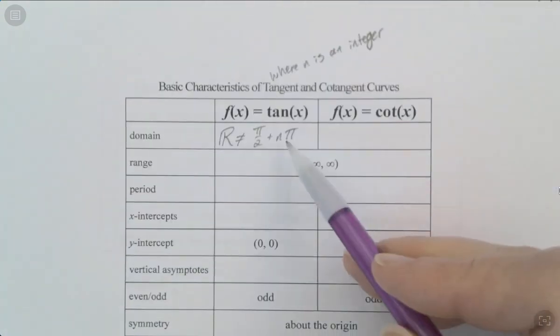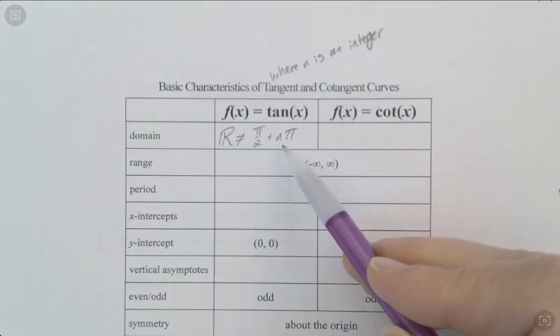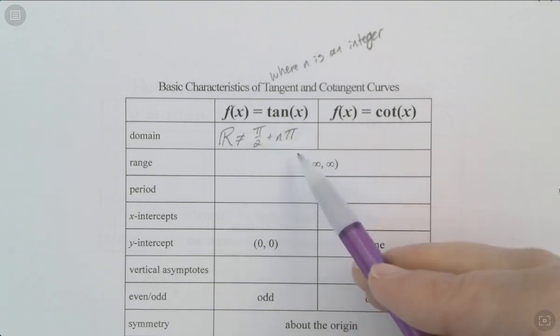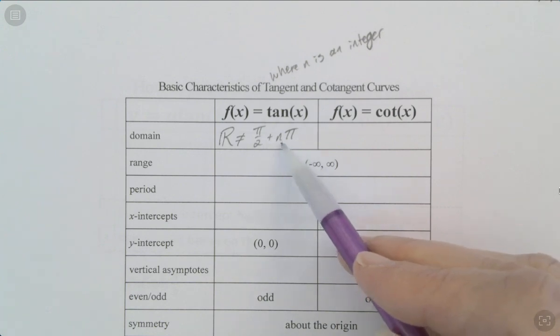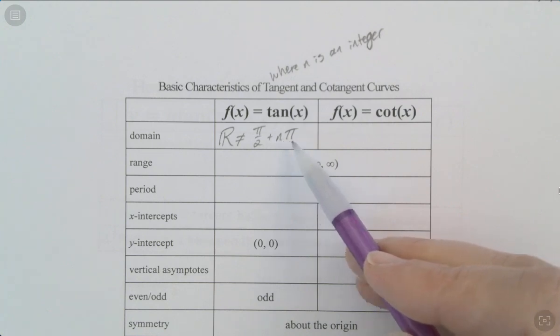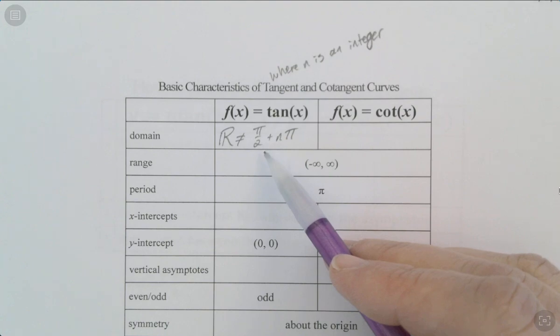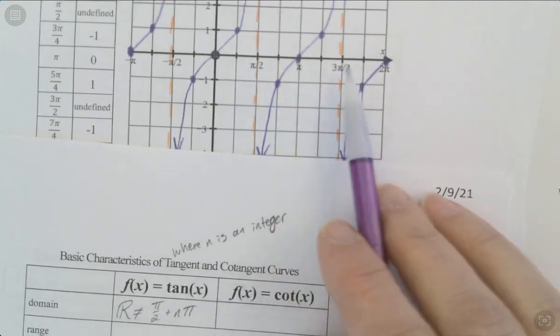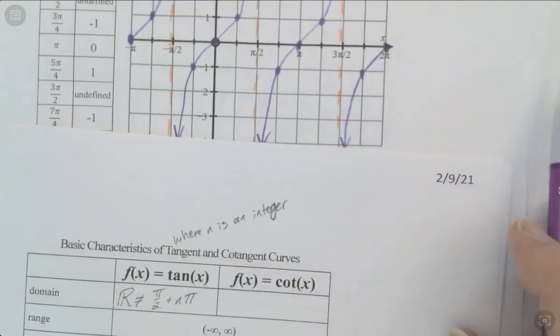If I were to plug in 5 for n, 5 pi plus a half a pi, that's 11 pi over 2, right? And would it make sense that if you were to keep going, pi over 2, 3 pi over 2, 5 pi over 2, eventually you get to 11 pi over 2?